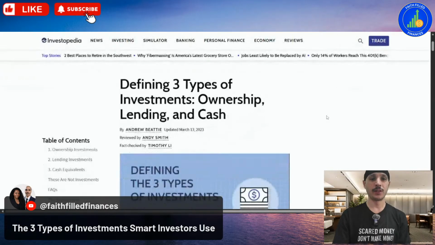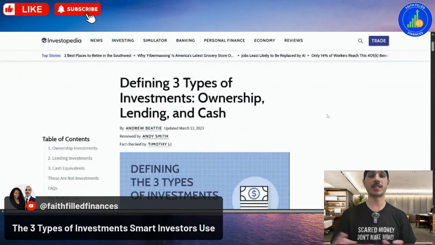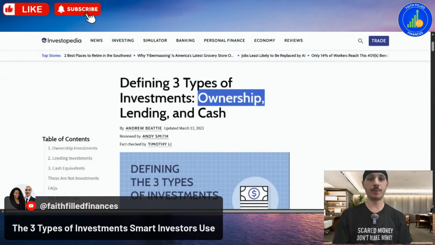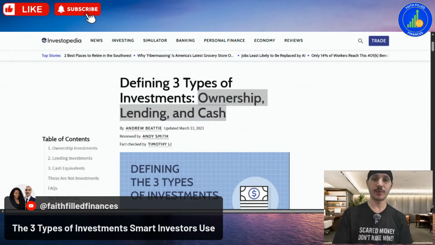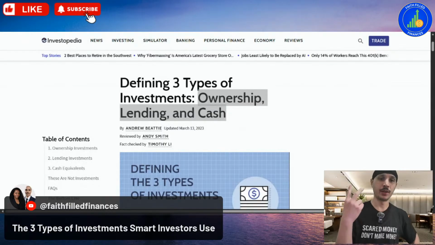Defining three types of investments: ownership, lending, and cash. Already dropping value from the beginning, right from the title, family, right from the get-go. Defining three types of investments: ownership, lending, and cash.